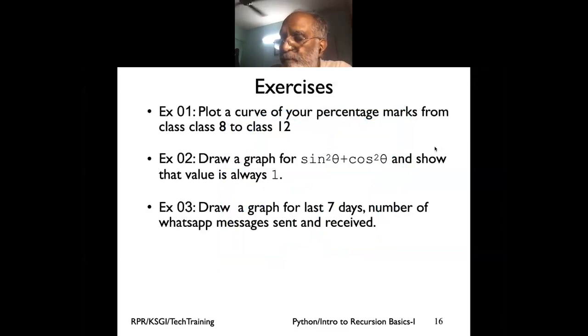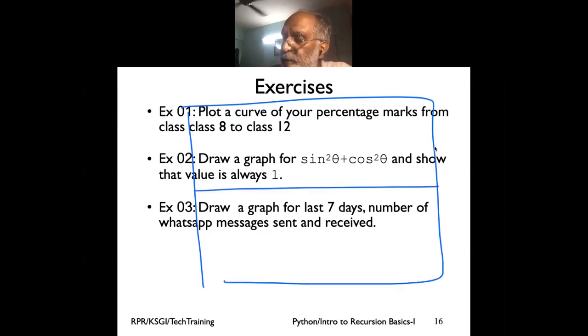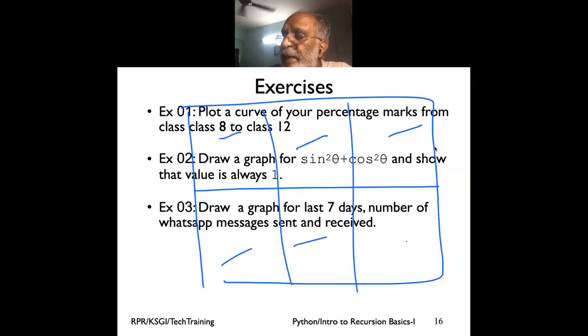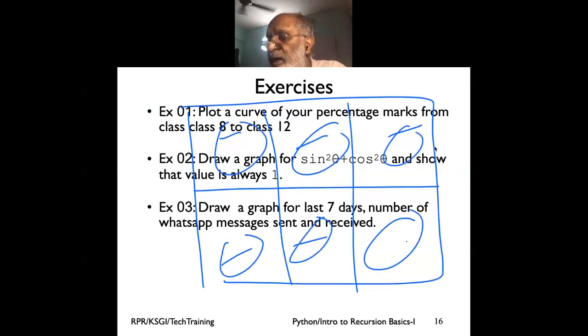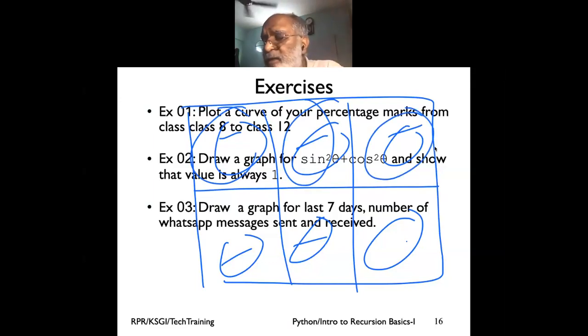I'll define my whole window into a grid, say 6 grids, and in each one I can draw a different graph. Let's say I want to show marks for physics, chemistry, mathematics for class 9 in this, class 10 in this, class 11 in this. Next class we'll discuss how to draw multi-plot graphs.